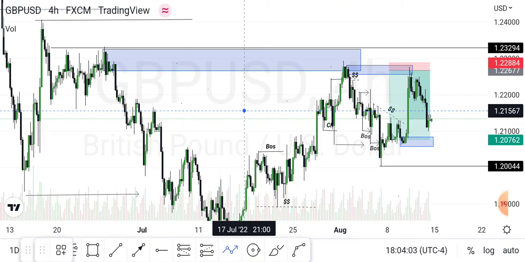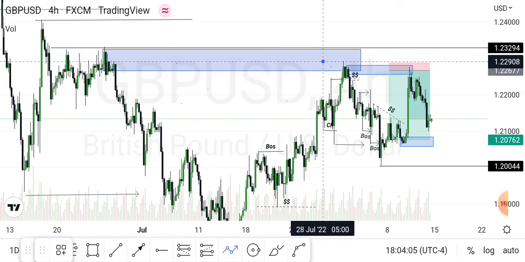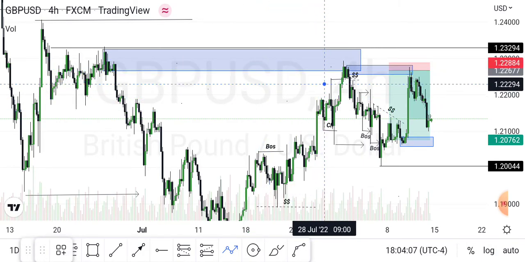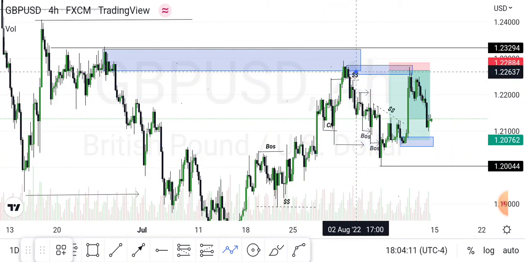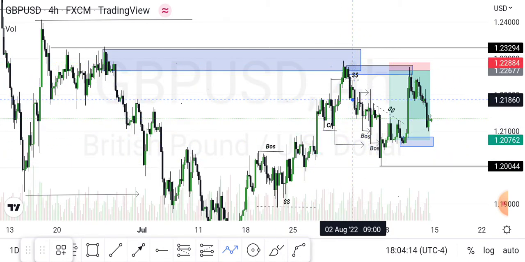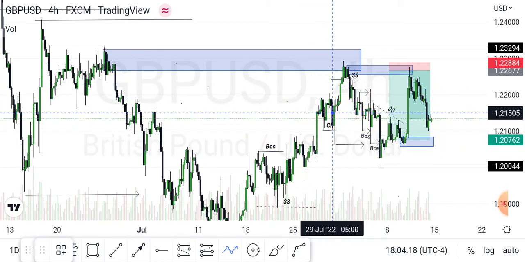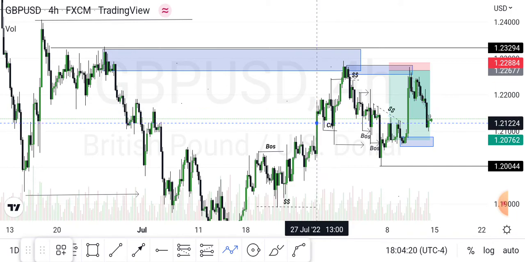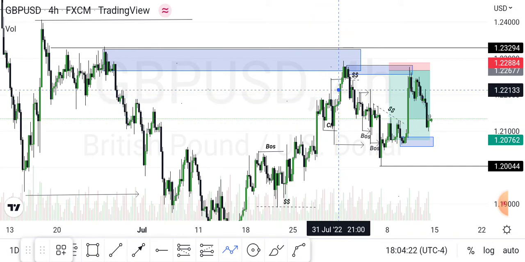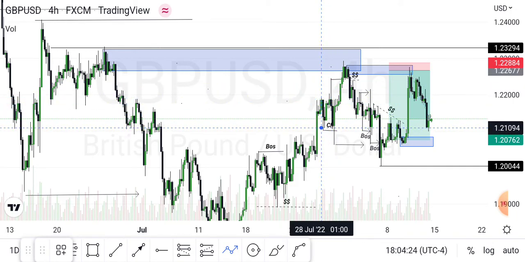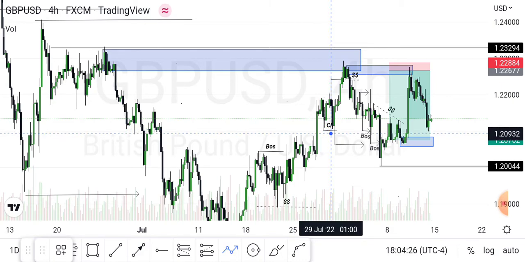I posted this in my Telegram channel right before it happened. What drew my attention to this particular trade was when I saw this inducement created in this area. It was then that I picked this particular point that we traded from. Now look at this, guys. We saw this FU candle here, and we saw this break of structure, which I called choke.